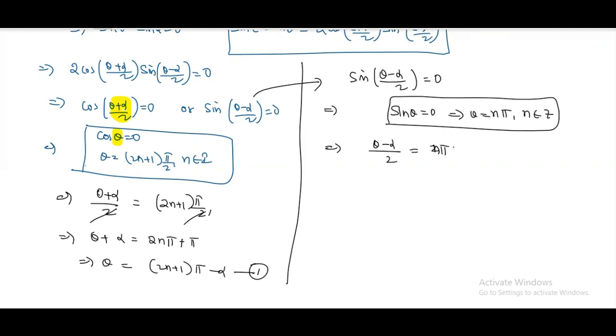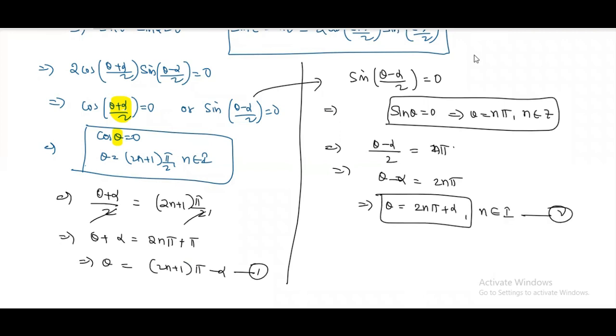So from here, theta minus alpha is equal to 2n pi. So theta is equal to 2n pi plus alpha, where n belongs to integers.